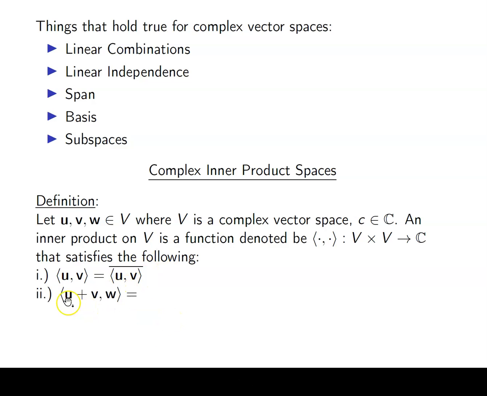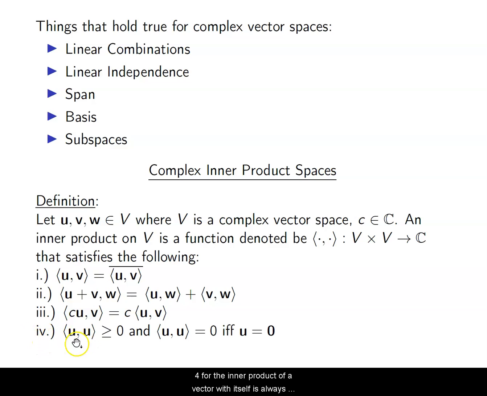Okay, u plus v inner product w is going to be, again, the same exact rule. I get to distribute this into two different inner products, u and w plus v and w. No conjugates here. The rest of these rules are identical to the regular inner product space. This is the only one that has a conjugate on it. Here, if I have a scalar times u inner product v, I can pull that scalar out and take the inner product of u and v.